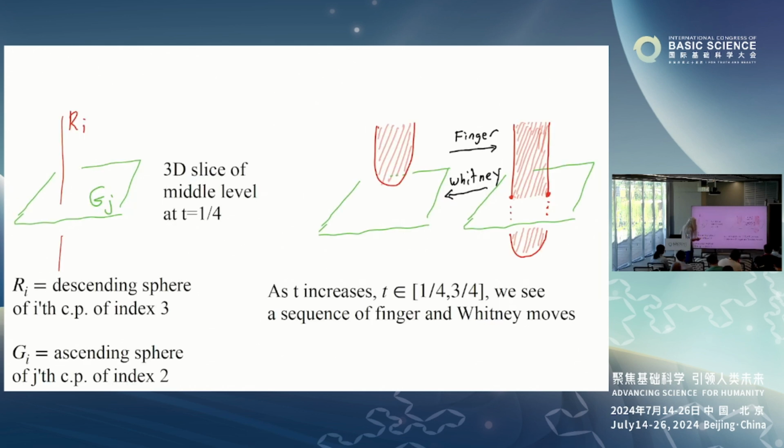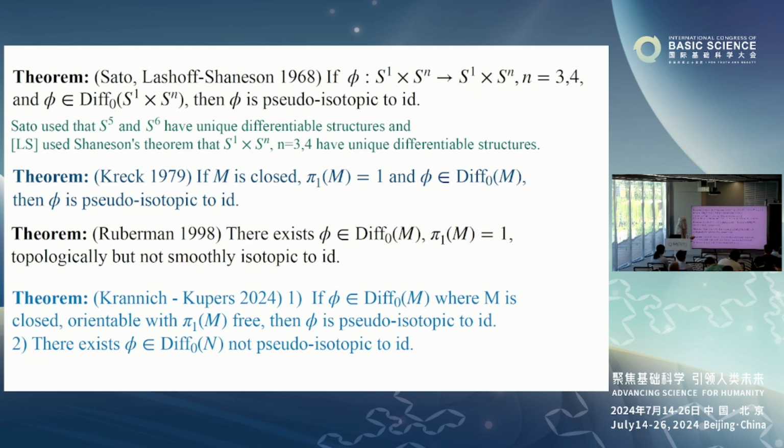So, right, okay. Before I come back to this graphic, let me mention a couple of theorems on the existence and non-existence of pseudo-isotopies. Well, first there's a theorem, independently of Sato and Lashof-Shaneson, 68, that if you have a diffeomorphism of S1 cross S3 which is homotopic to the identity, then it's pseudo-isotopic to the identity.